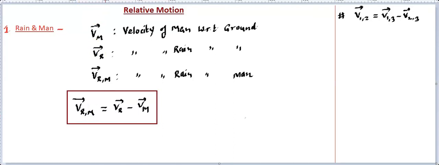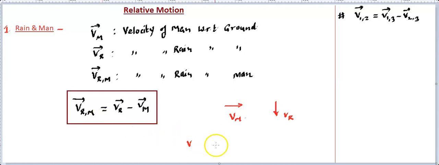Now, as we have already talked about how to solve these kinds of questions, better would be that we use this geometric method. Let's say this is the velocity of raindrop that is given to us, and this is the velocity of man that is given to us. We are taking a simple example. What will be the velocity of rain with respect to man?